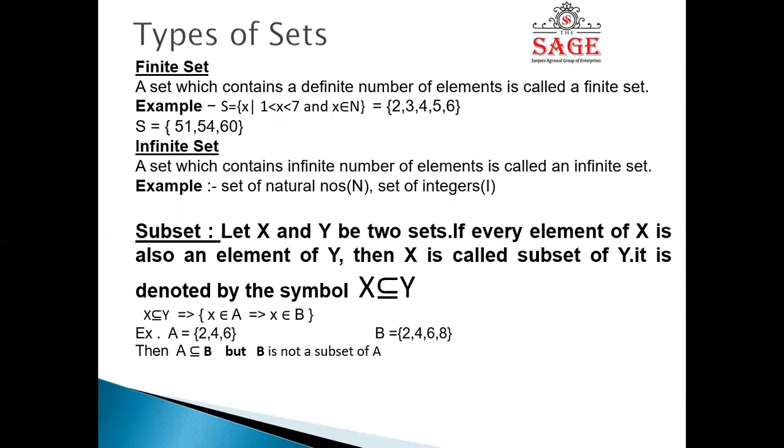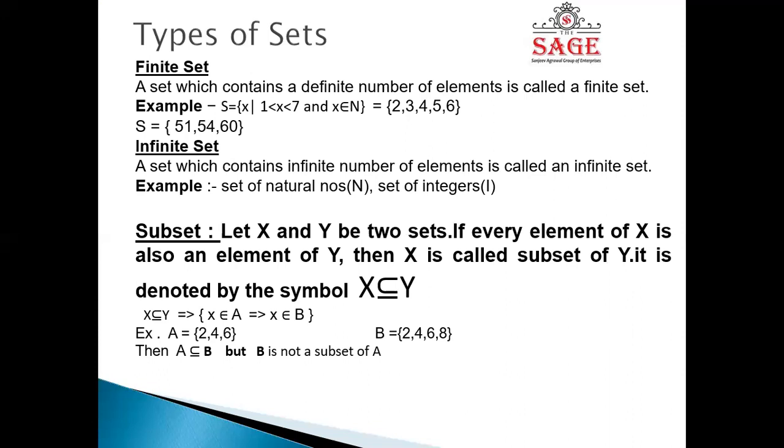For example, the set {2, 3, 4, 5, 6}, where the elements are limited, are the natural numbers between 1 and 7. These kinds of sets are called finite sets. Infinite set: a set which contains an infinite number of elements, like the set of natural numbers or the set of integers. These are infinite sets.